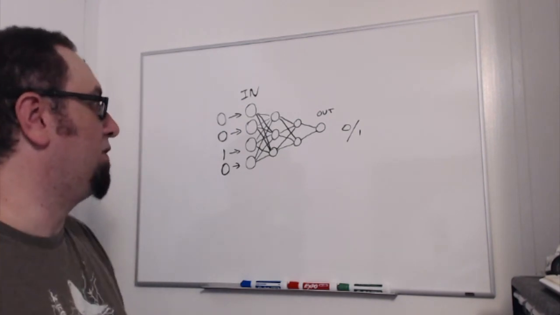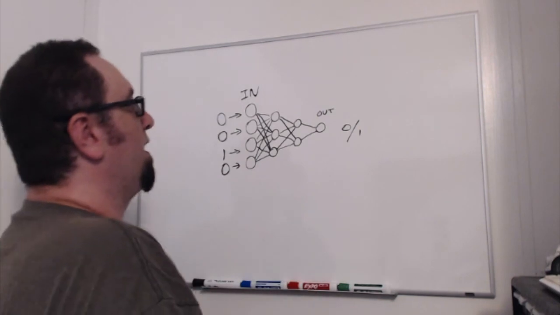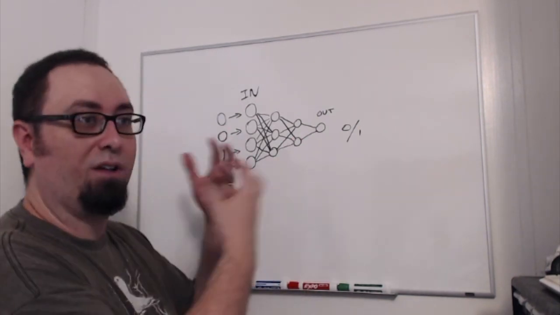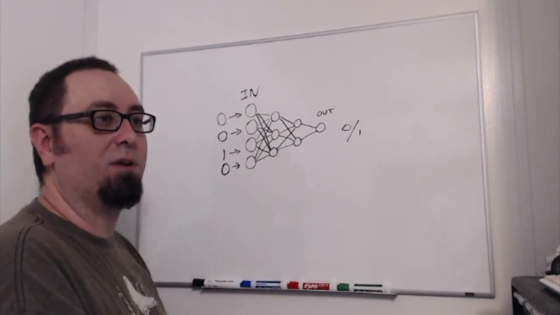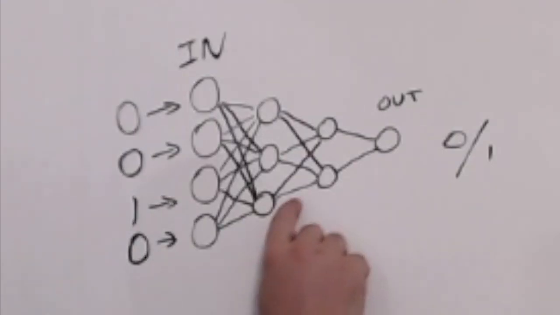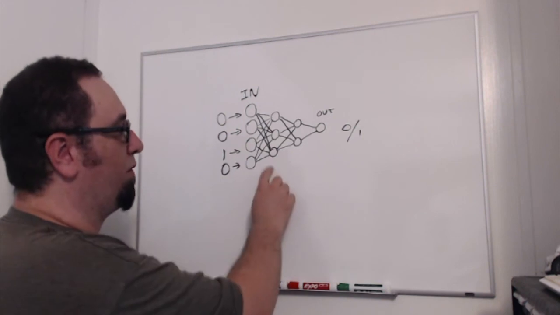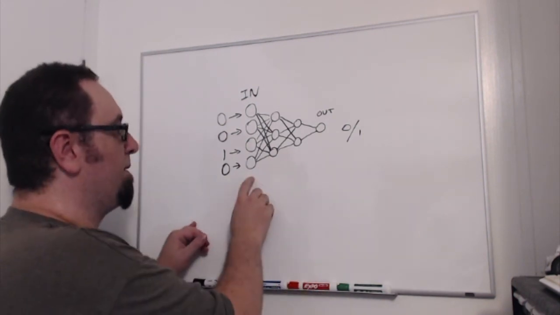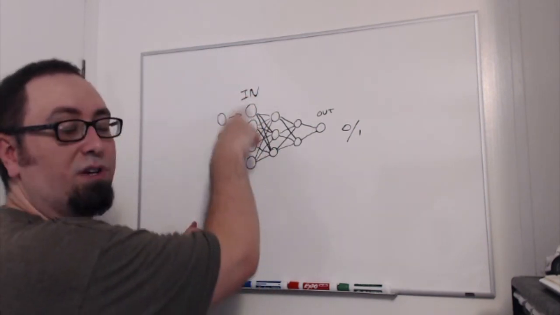So if we look at this thing without forward propagating it, we just look at the neural net, where's the data in there? It's really well entangled. The data is stored in what are called weights. Each of these lines represents a weight, which is just a number that's being multiplied by the output of that cell. This is an input layer, so these are just the numbers that you're putting into it.